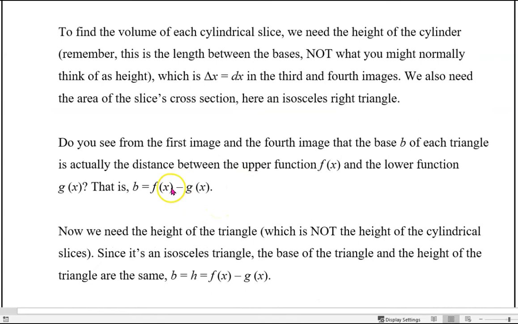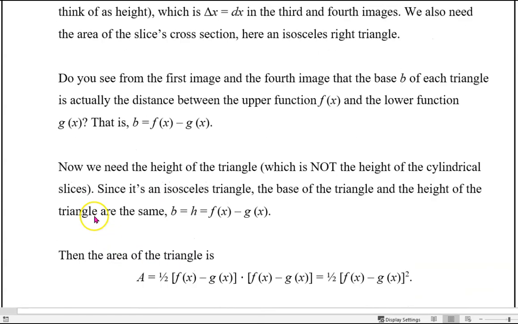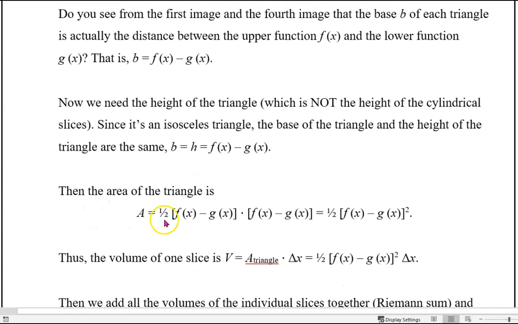That means that the base is f of x minus g of x. And that's also the height because it's an isosceles triangle. So the area of the triangle is 1/2 of f of x minus g of x, this is the base, times the height of the triangle, which is f of x minus g of x again, since it's isosceles. This gives us 1/2 (f of x minus g of x) squared.